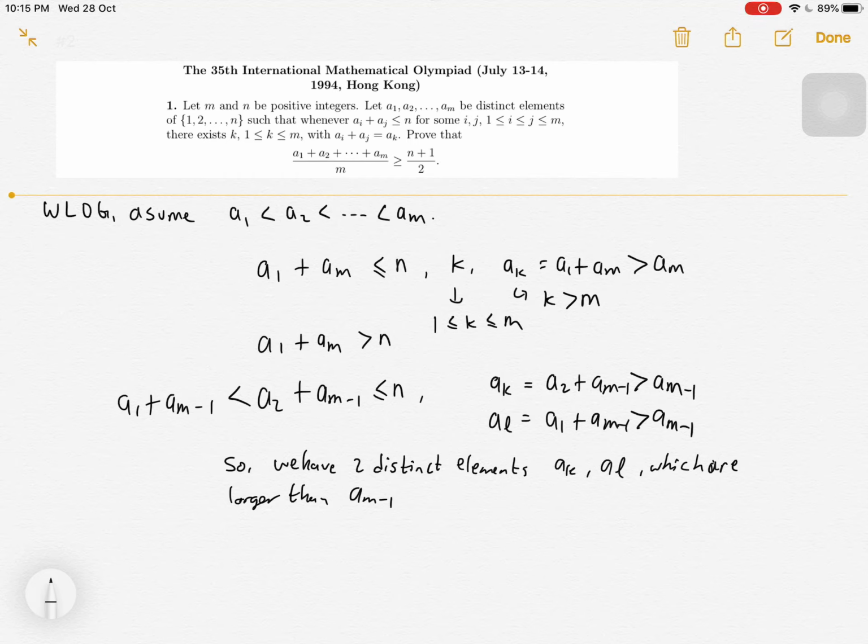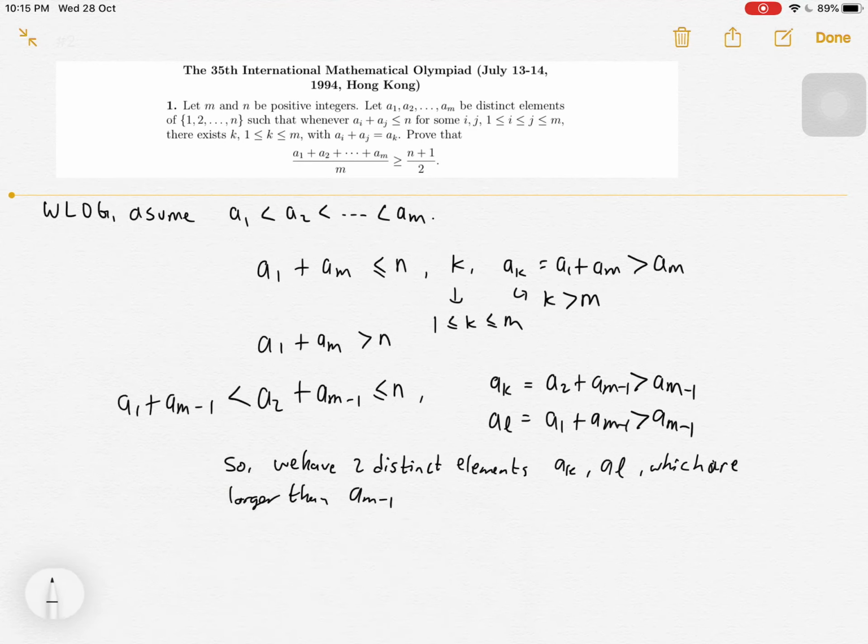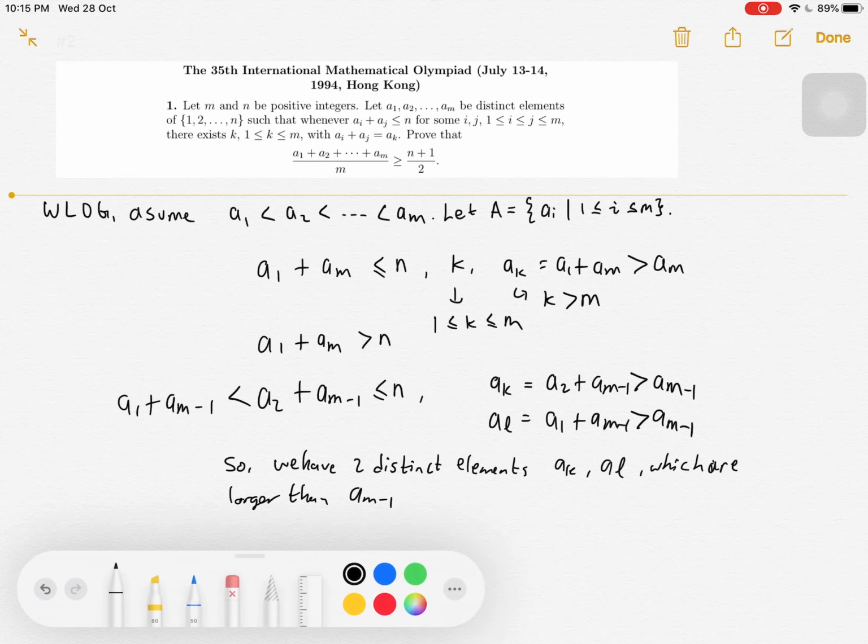Alright, so for the sake of better writing, we let the big A be the set of ai, where i runs from 1 to m.